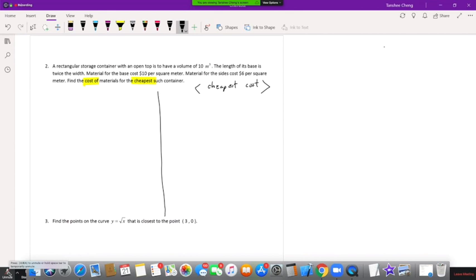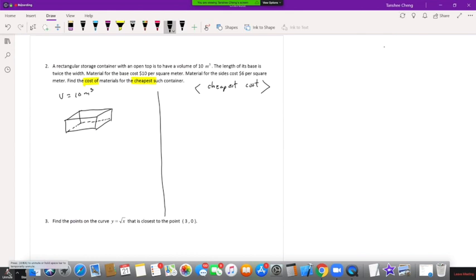So looking at the picture, a rectangular box. I'm going to draw a rectangular box. That's a rectangular box. And from here, what I know is the volume is 10 cubic meters.